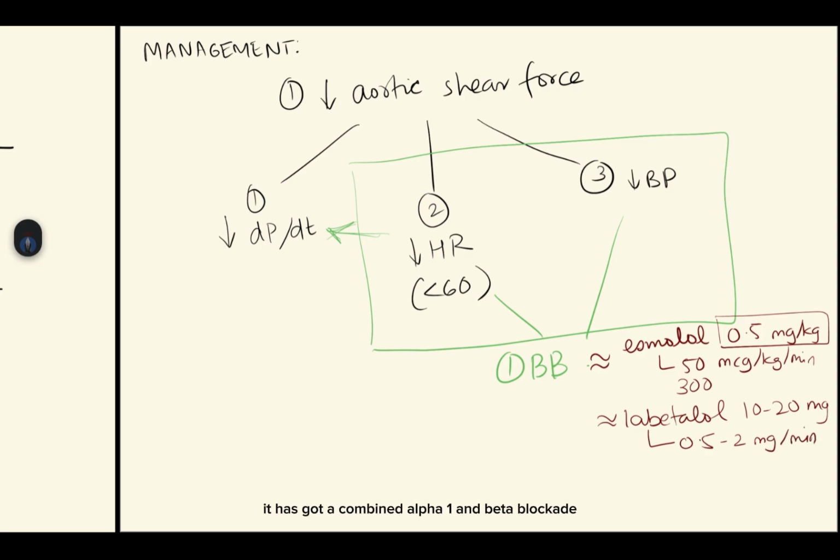It has a combined alpha 1 and beta blockade, so it reduces the vascular tone and blood pressure as well. The only problem is that it has a longer half-life than esmolol, and that is why it is less titratable. We can also consider metoprolol for patients, especially if the patient has COPD, because it causes less bronchospasm risk than the other non-selective beta blockers.